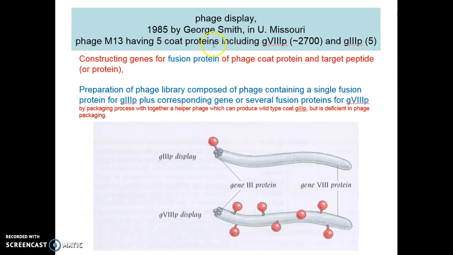There are 5 types of coat proteins, including major G8P and G3P at the end. We can construct a fusion protein of phage coat protein plus the target peptide or protein you want to produce by genetic engineering.